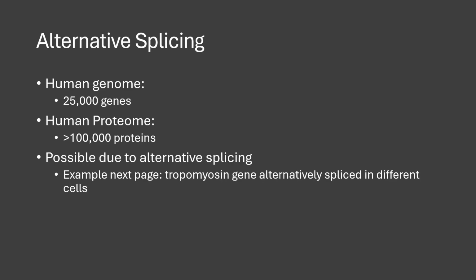So the next page will show one example of a gene where there's known to be a lot of alternative splicing, and that's in a gene called tropomyosin. You might have seen this if you've taken an anatomy and physiology course, for example.